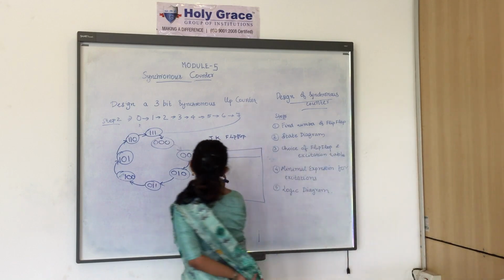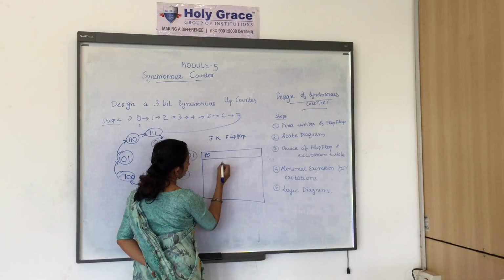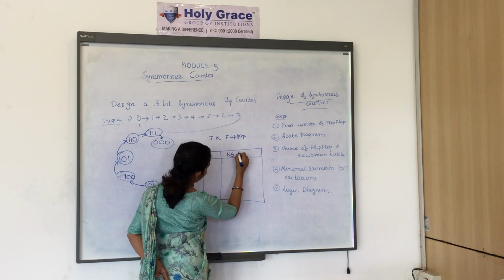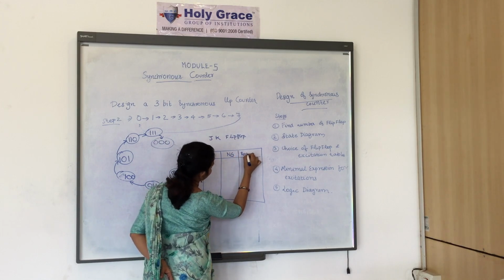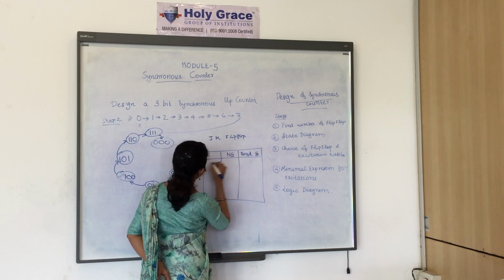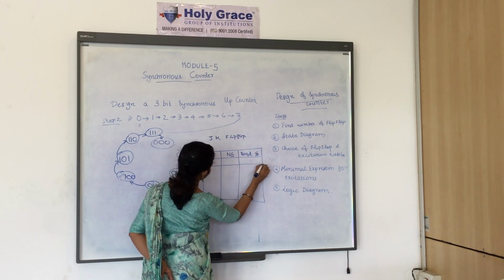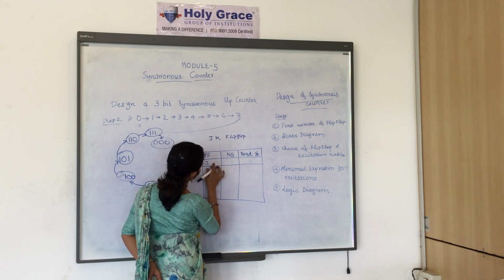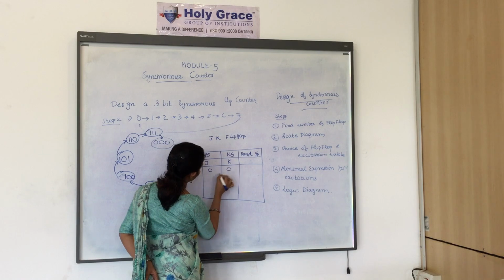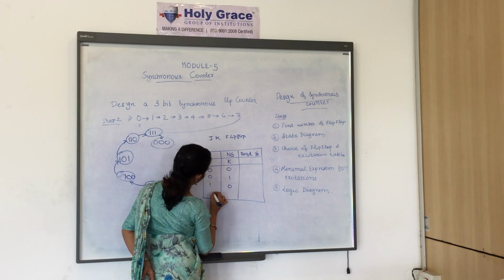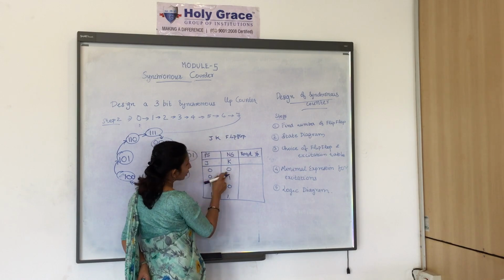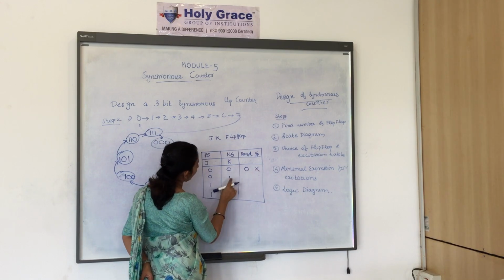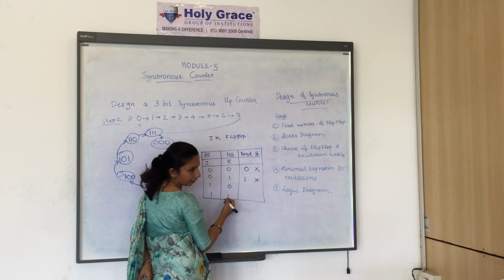It consists of the present state, the next state, and the required inputs J and K. For 0, 0, the required input is 0, x. For 0, 1, it is 1, don't care.